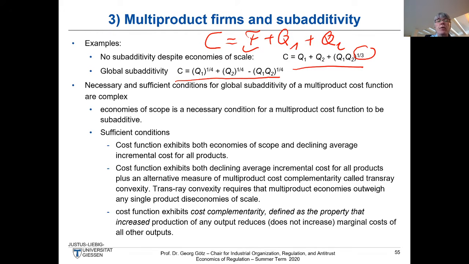But of course it would be stupid to produce the two products in the same company, because this adds some penalty and adds some cost. If you would produce it standalone, you would just have C1 is equal to Q1 and C2 is equal to Q2.